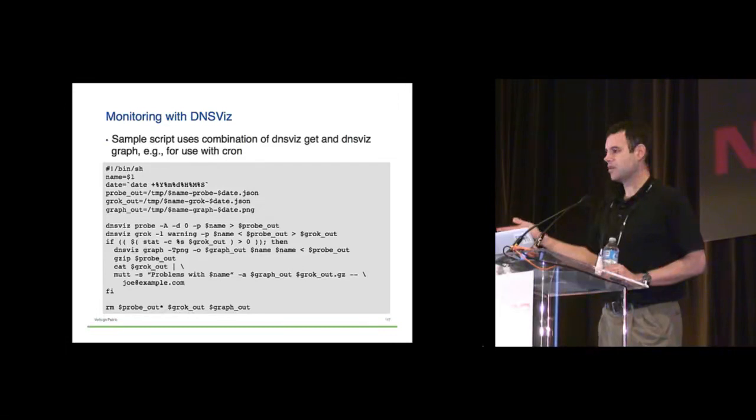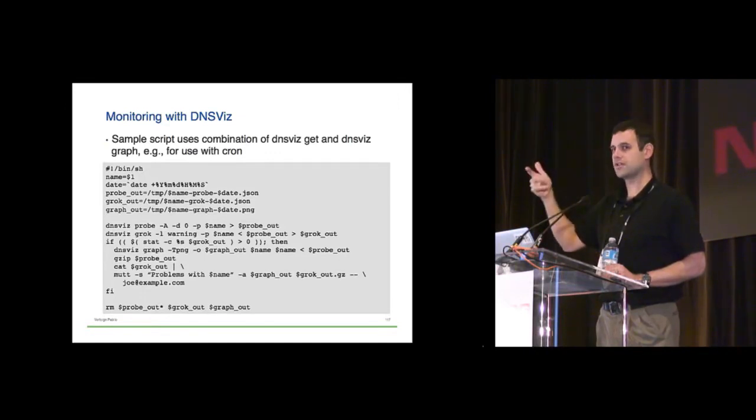But this might be one way you do it, where you're doing a DNSViz probe of your name. You don't need to go all the way up to the root necessarily for your monitoring, just your stuff. It'll check your delegation, it'll check your UDP, TCP connectivity, your V4, your V6, all the things that we saw. And then when you run the DNSViz grok with a -warning level, it'll give you no output if there are no warnings at that level and above, and so you can just go on your merry way.